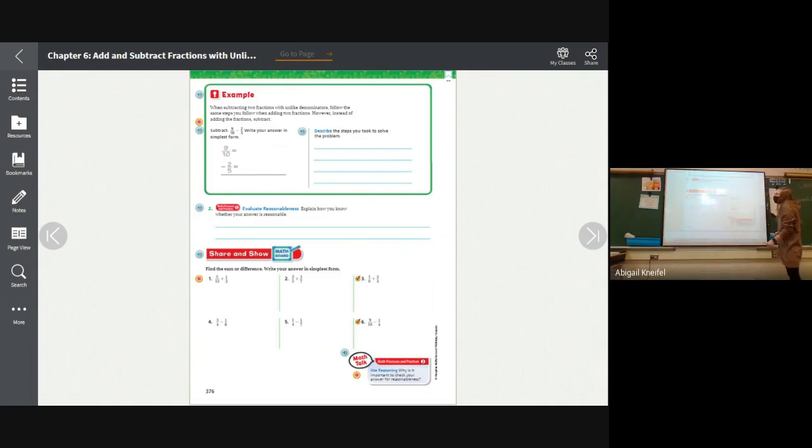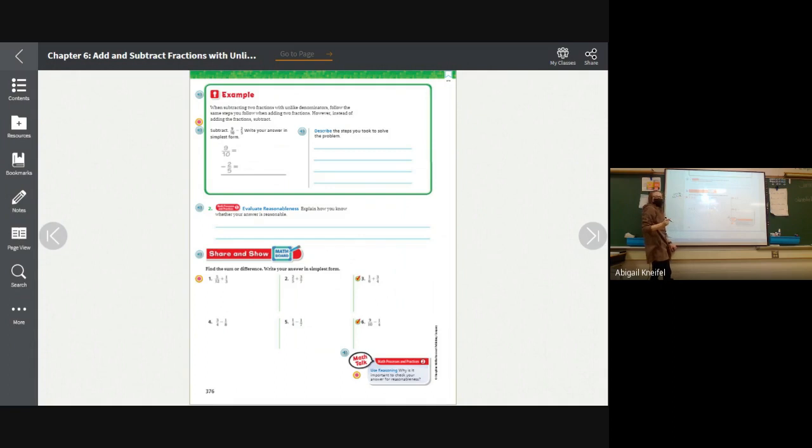So, I have 5/12 plus 1/3. Mrs. Kneifel likes to find these common denominators. So let's list multiples of 12. Ready? 12, 24, 36. That should be plenty. Let's list multiples of 3. 3, 6, 9, 12.